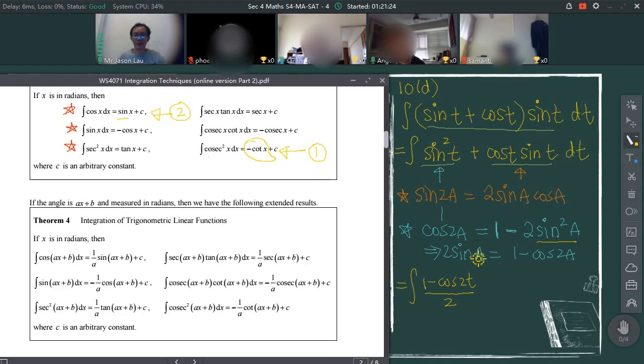So I get sine square, that's a square term. I get sine square t to be 1 minus cosine 2t over 2. Then for the next one, using the sine 2a formula, I get sine 2a over 2, so I get sine 2t over 2. So this will be the formula applied to the terms.